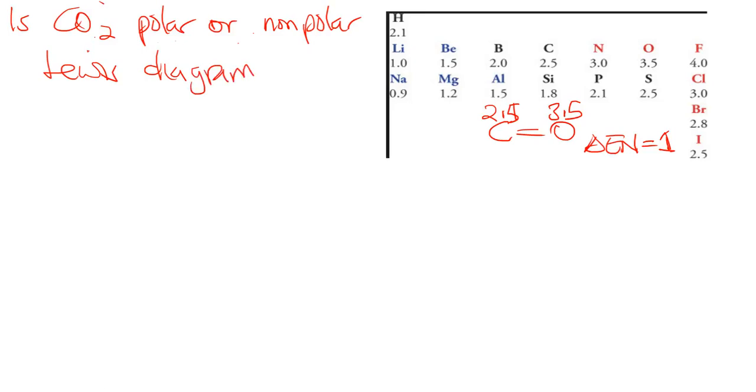So after that, we need to determine the Lewis diagram of carbon dioxide. So the Lewis diagram of carbon dioxide is OCO. So if you look at this, if you have carbon and oxygen, because this part is partial positive, this part is partial negative, the arrow will move this way, from the positive to the negative.